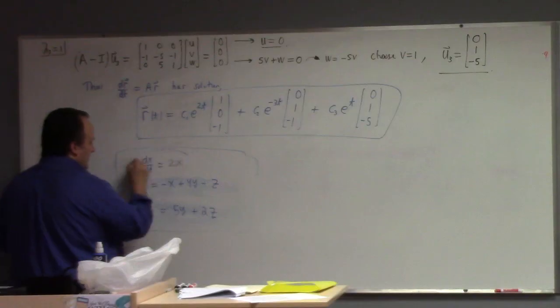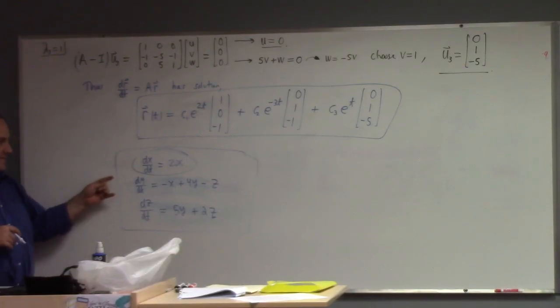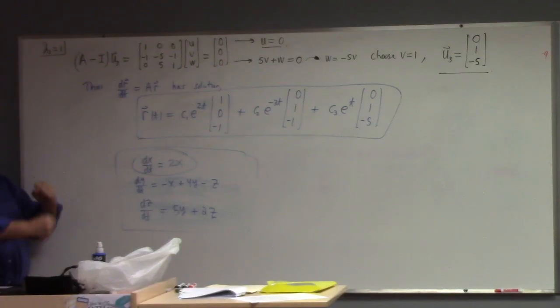Admittedly, you can solve this one. That's a gift. The solution to that is x is equal to e to the 2t, because lambda equals 2 is the characteristic equation. Great. Then you'd need to plug that in here, and you'd still have the y and the z equations all intertwined.